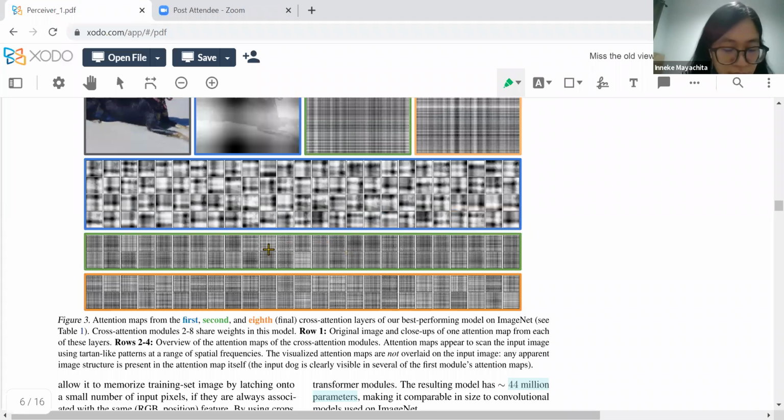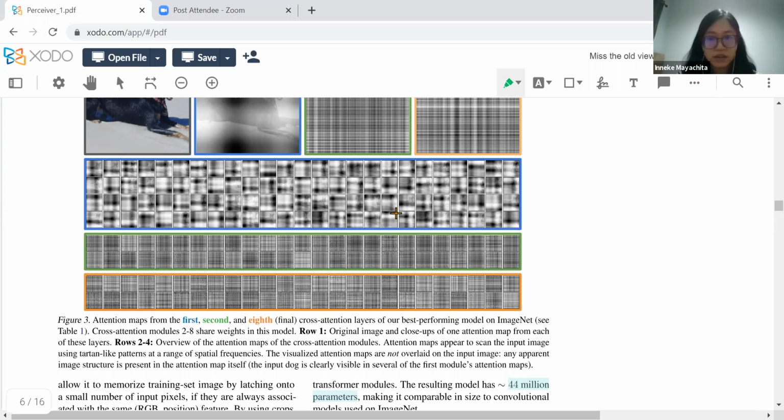While in the deeper layers, it just looks like tartan-like patterns. So again, we don't know how these attention maps are impacted by the number of attends, or maybe the number of self-attentions inside the latent transformers, right?